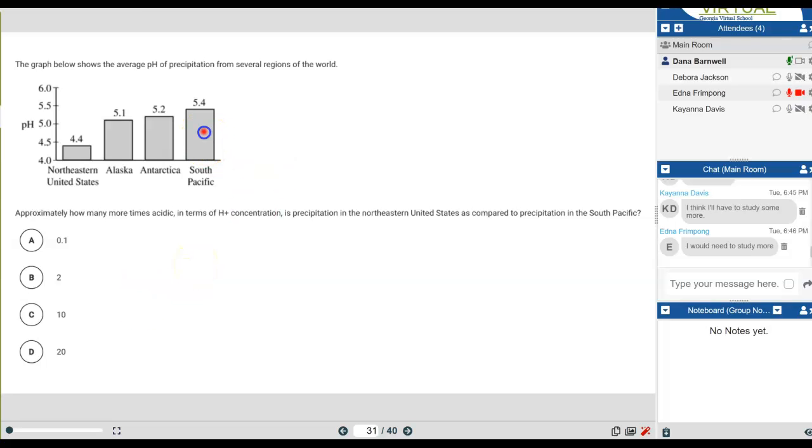And if this had gone from 5.4 not down to 4.4, but down to 3.4, then again, as a log 10 scale, it would have been 10 times 10, so 100 times more acidic.